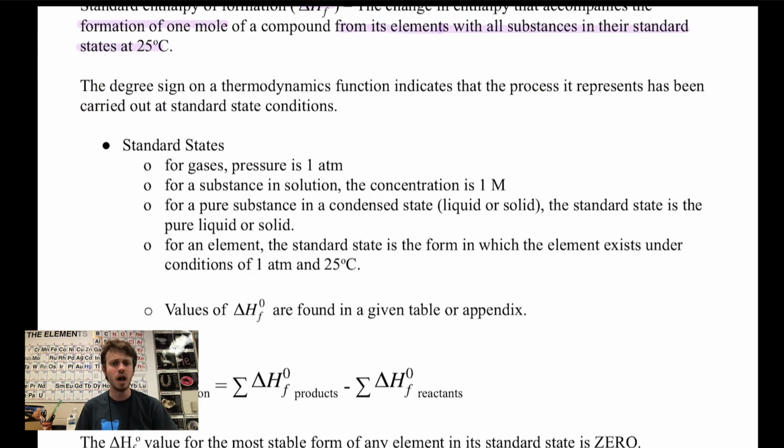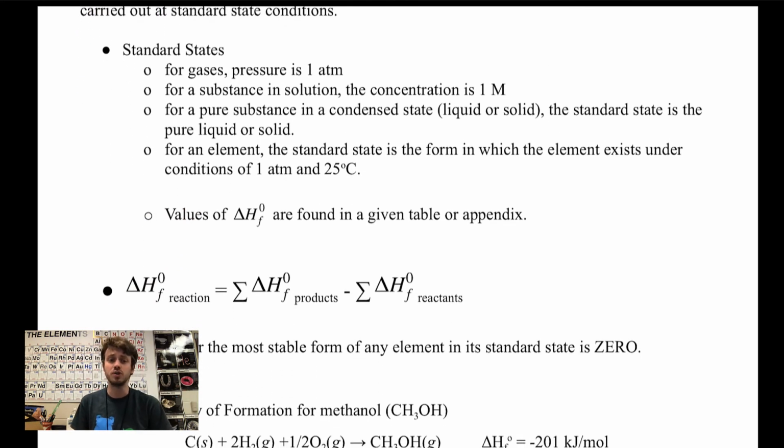Okay. So values for delta H of formation can be found in a table or an appendix at the end of a textbook. I will always give you these values if the problem calls for it. If you see that you are given delta H of formation values, it's usually a pretty good clue that this is the formula that you are going to need to use.